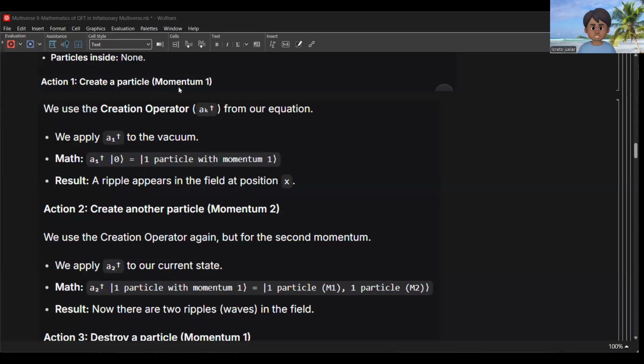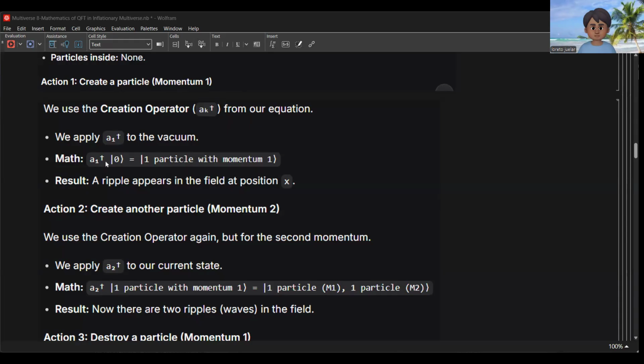Okay, so for action one, create a particle of momentum one. We use the creation operator here, a sub k dagger, from our equations. We apply a1 dagger to the vacuum.